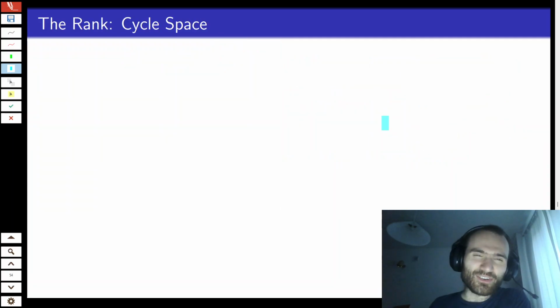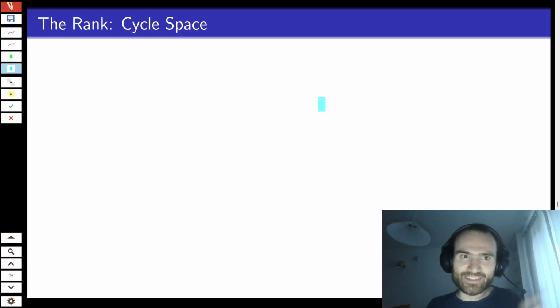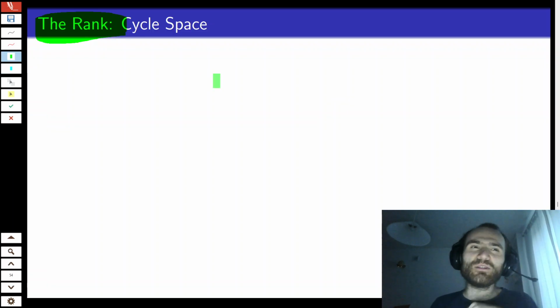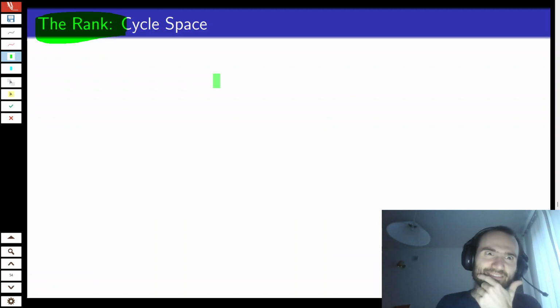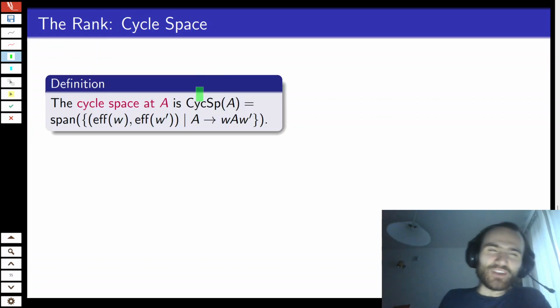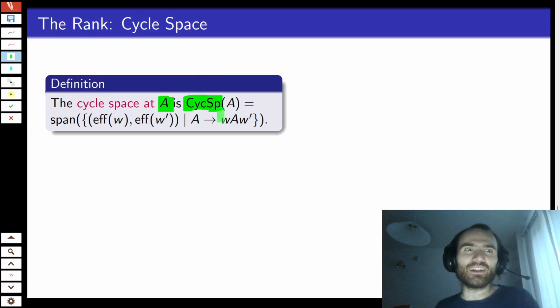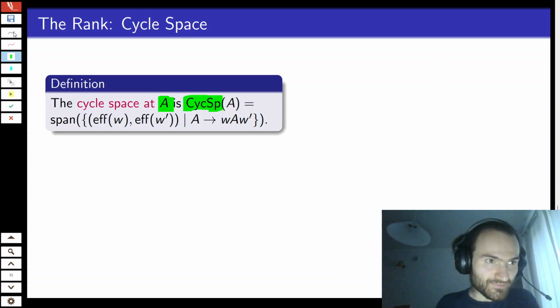So first of all, in order to make anything smaller, we need to first say what small means. So we need to define the rank of a GVAS, and the rank will be using what is called the cycle space. So if you have some non-terminal A, then the cycle space at this non-terminal is defined as follows.